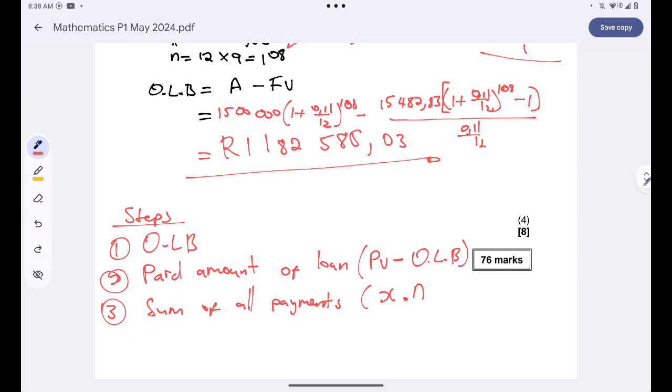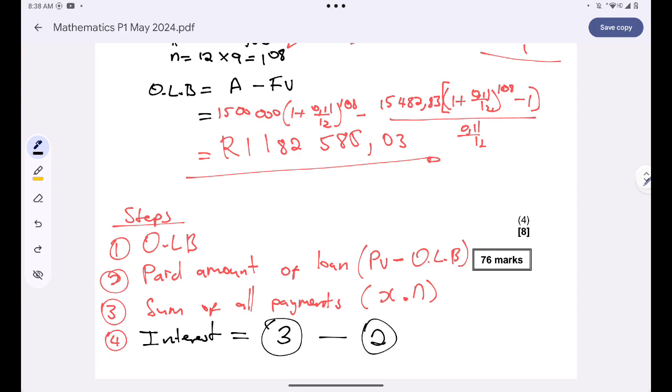In this case, it will be our x multiplied by 108. All right, together. Then the final step will therefore say interest is equal to step number 3 minus step number 2.